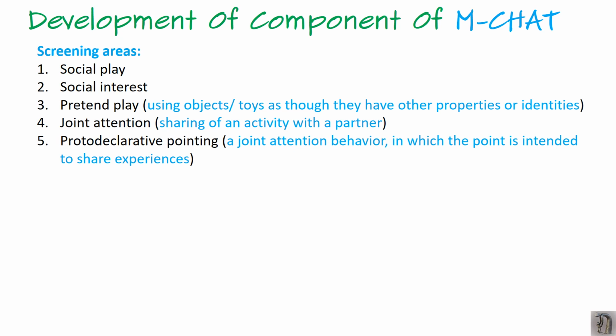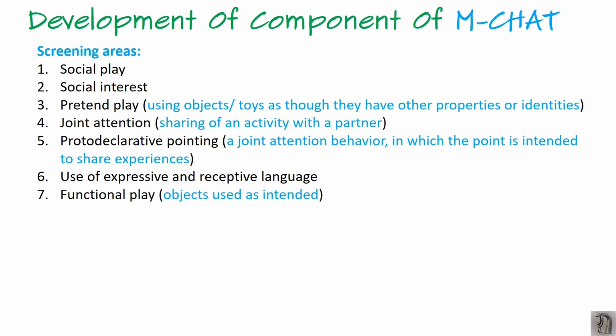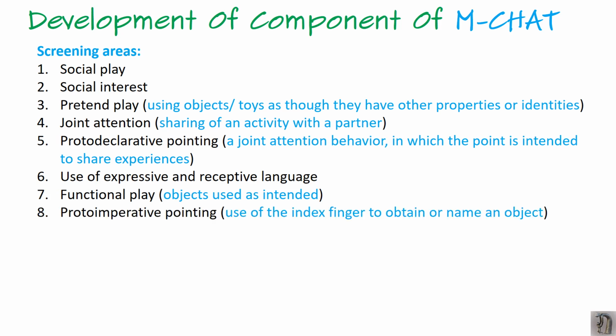Then proto-declarative pointing, this you need to remember, is a joint attention behavior in which the pointing is intended to share the experience. For example, if the child shows a dog in the park to the parents, then the child is sharing his or her experience with the parent. So pointing to a particular thing means sharing attention. Use of expressive and receptive language is also very important while doing the screening. We need to check it out. Then functional play, using a particular object to play and engage with it.